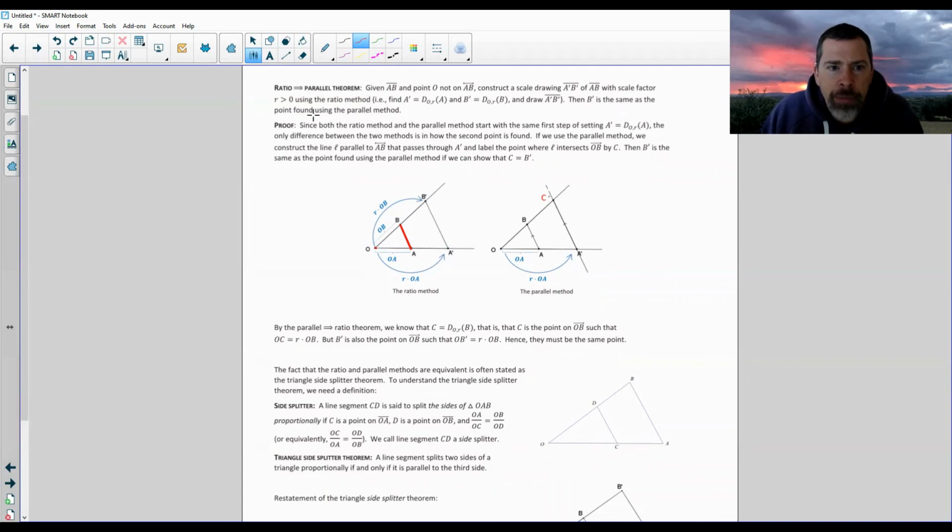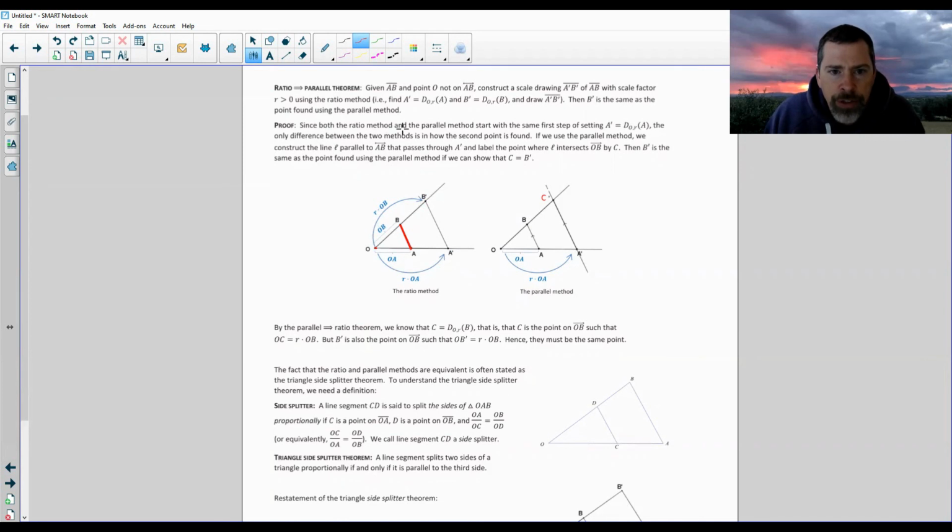Then B prime is the same as the point found using the parallel method. Okay, so now they're saying here, if this is OB and we dilate it by a ratio R, then OB times R is B prime. And also OA times a dilation of R from O gives us OA prime.